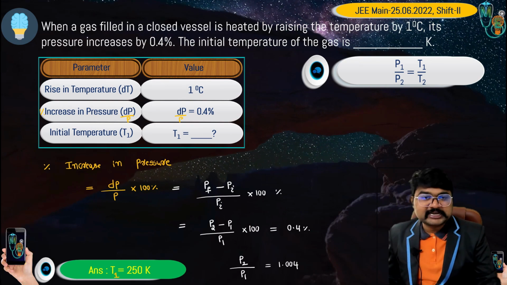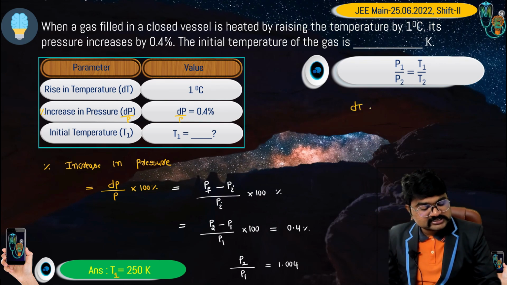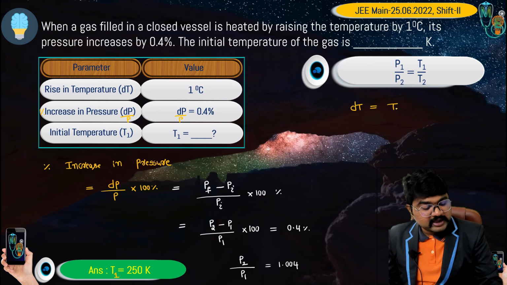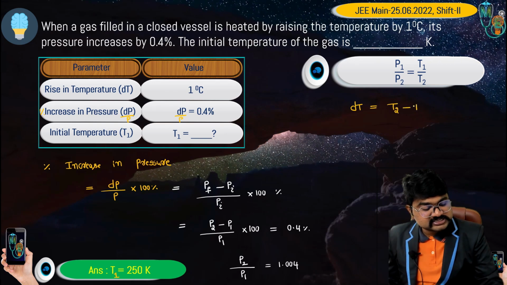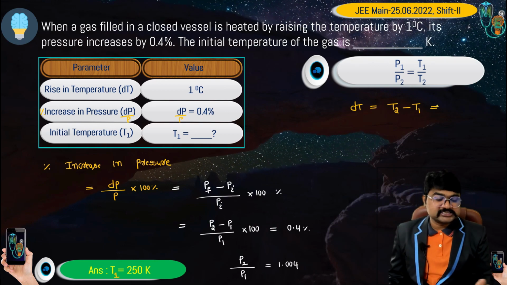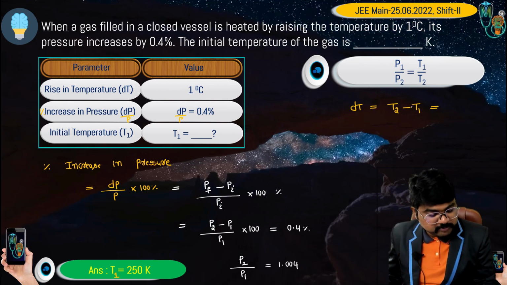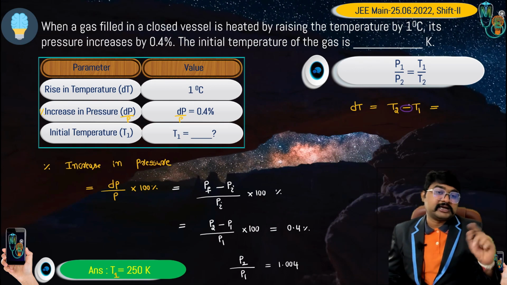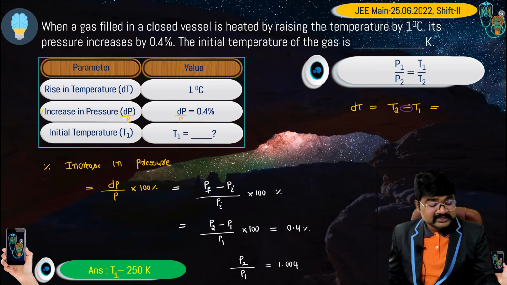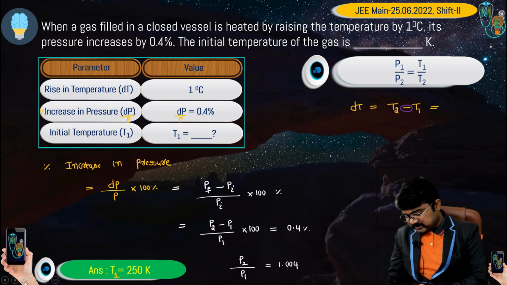So now, change in temperature. Rise in temperature in the sense, change in temperature, means T2 minus T1. This is the change in temperature. Okay na? 1 degree centigrade is the change in temperature. Here you need to remember one thing, this is also a very important point. When change in temperature is given, in that case Kelvin or degree centigrade both are the same. Understood na?